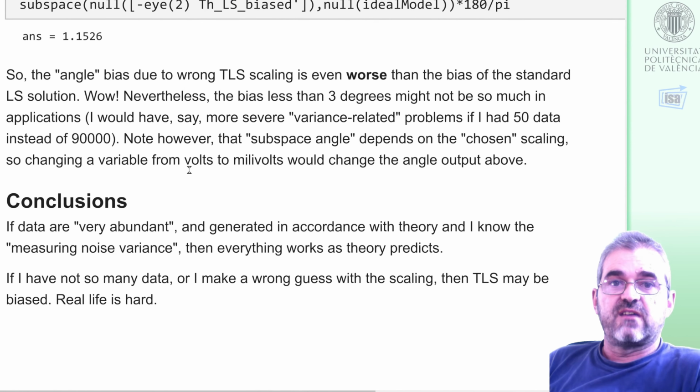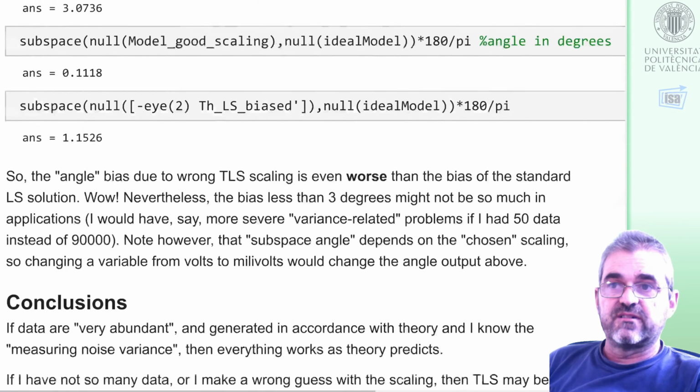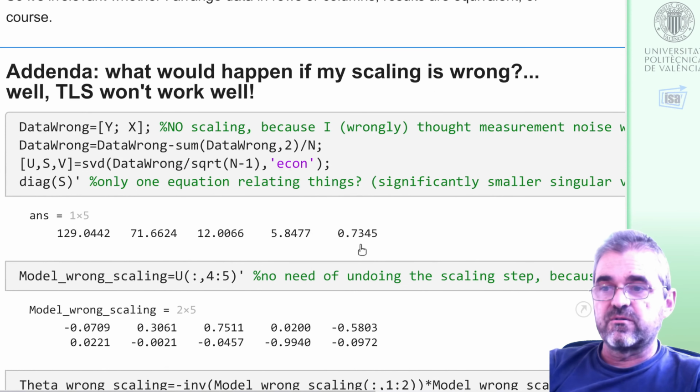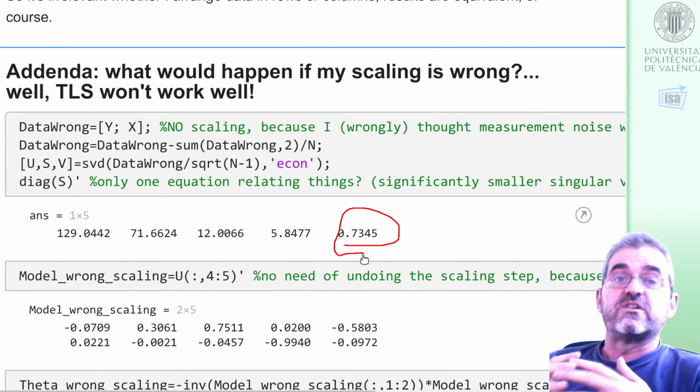However, if I have not so many data, or I make a wrong guess with the scaling, then TLS may be biased. And not only my model may get biased, but even I may conclude a wrong number of equations.